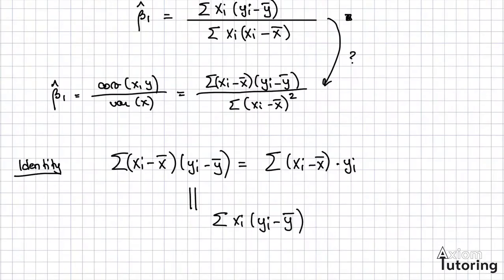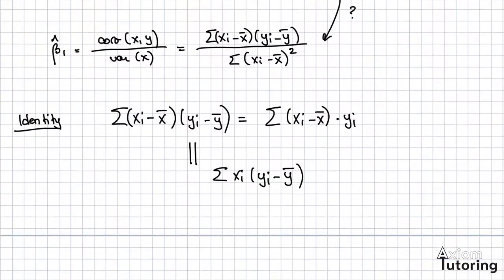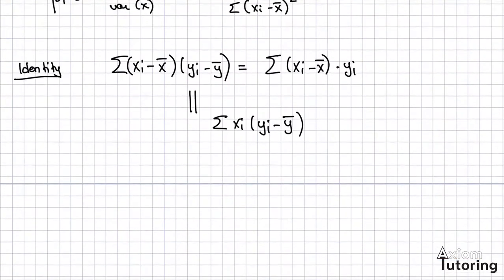So all of these expressions, they are equal among each other, okay? There is a very easy way to show it, and we can do it right away here, okay? So let's start from the longer expression. So we've got the sum of xi minus x bar, yi minus y bar.